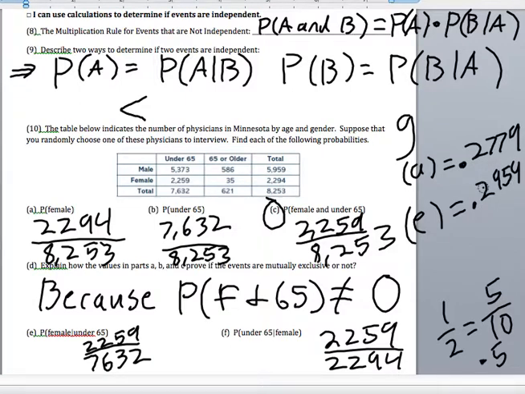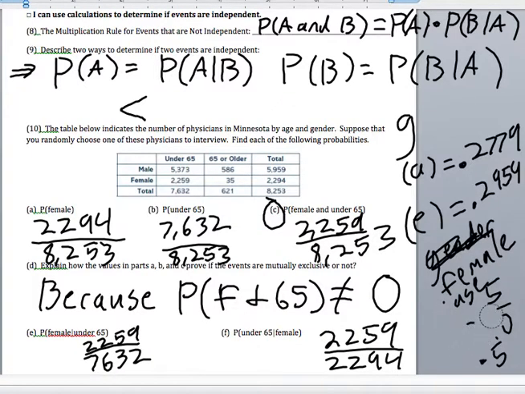It gives you a slight increase in probability if you're under 65. So that lets us know that being female and age are not independent. They have an effect. Your age seems to affect the probability you're female a little bit.